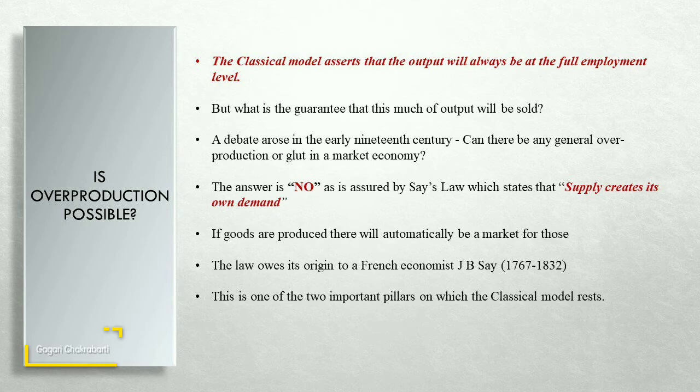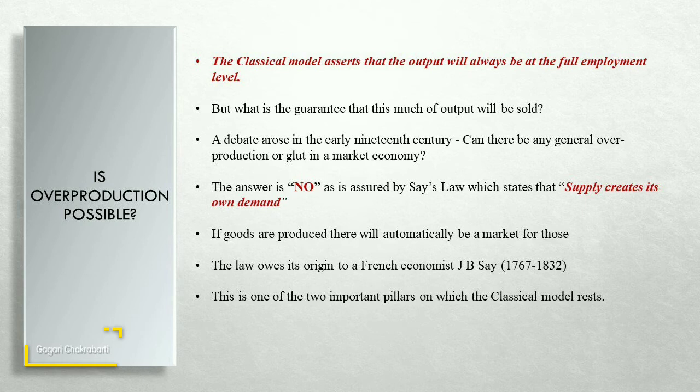A debate thus arose in the early 19th century. Can there be any general overproduction or glut in a market economy? The answer is no, as is assured by Say's law, which states that supply creates its own demand.